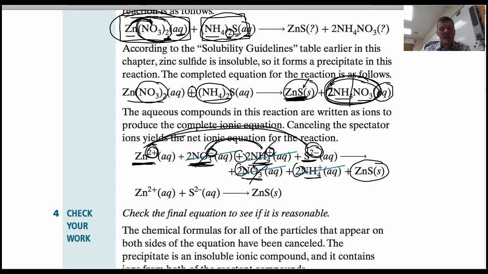The ammonium is an ion before, and it still is after. It is the zinc from solution 1 and the sulfide from solution 2 that came together to give us the zinc sulfide. So we cross out all the spectator ions and we write only the ions, this from solution number 1, this from solution number 2, that are forming our insoluble solid precipitate.